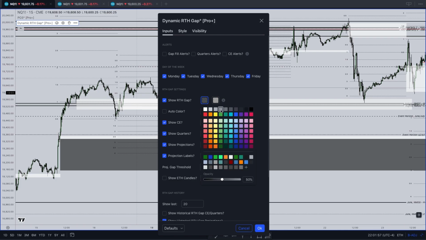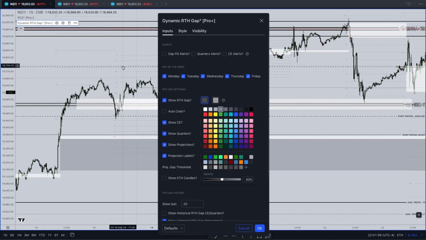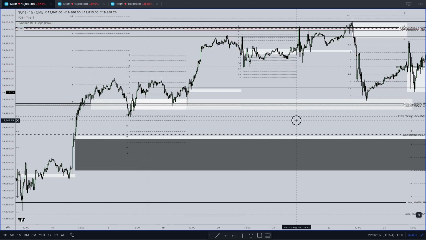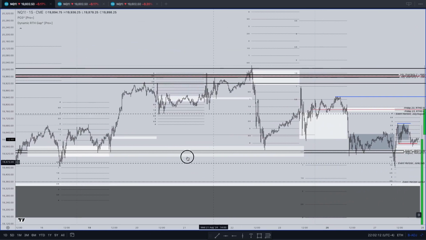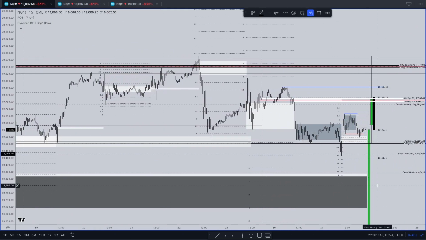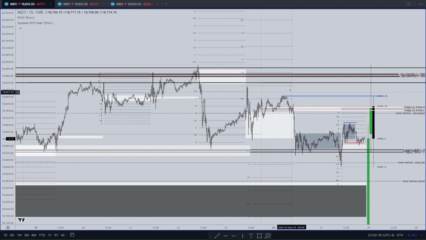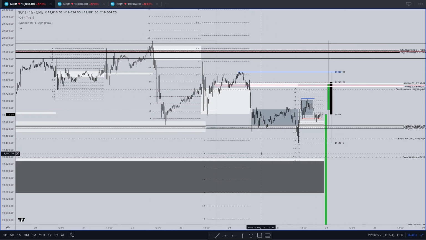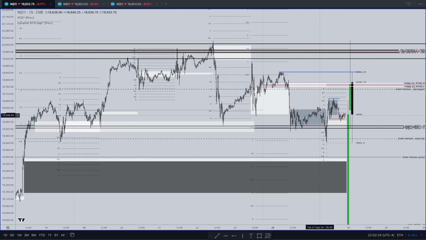I want to change the standard deviations colors, and we change also the gap. But yes, this is open. So let's see if we can come back lower and then take this buy side. I think this is the most favorable, most likely to happen, to come back to this.